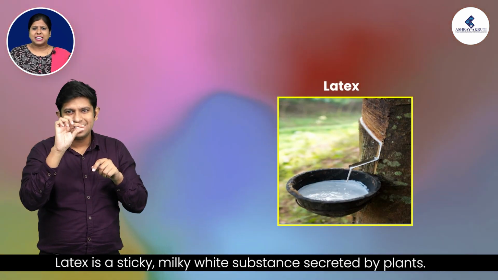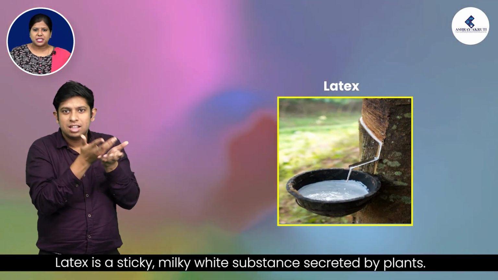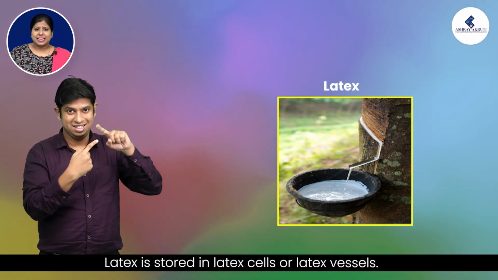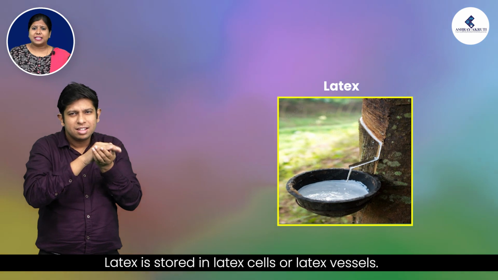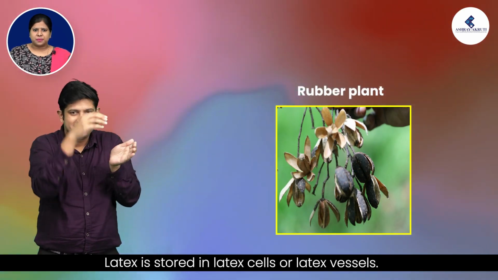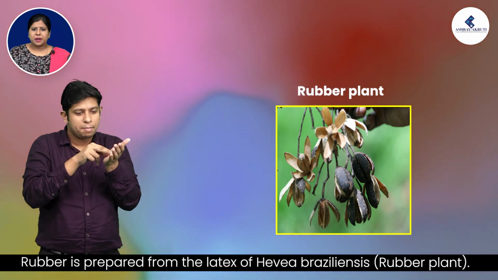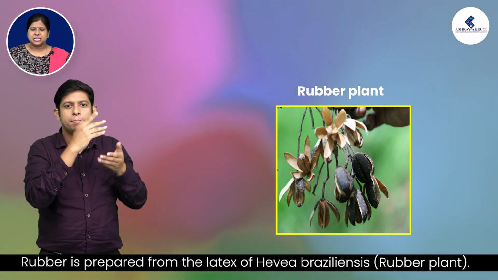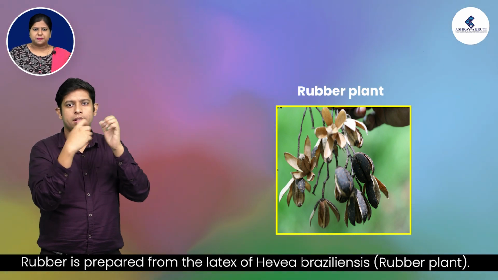Latex is a sticky, milky white substance secreted by plants. Latex is stored in latex cells or latex vessels. Rubber is prepared from the latex of Hevea brasiliensis rubber plant.